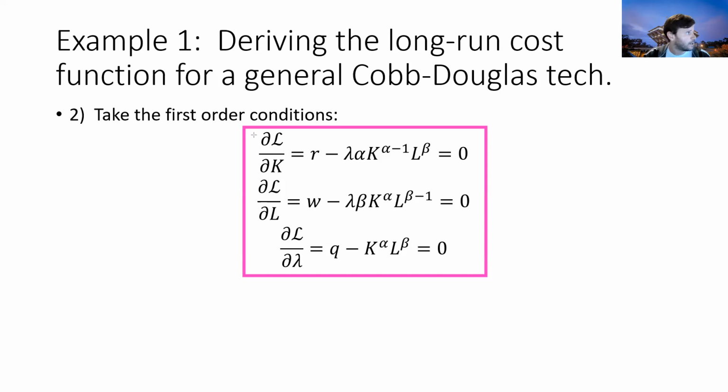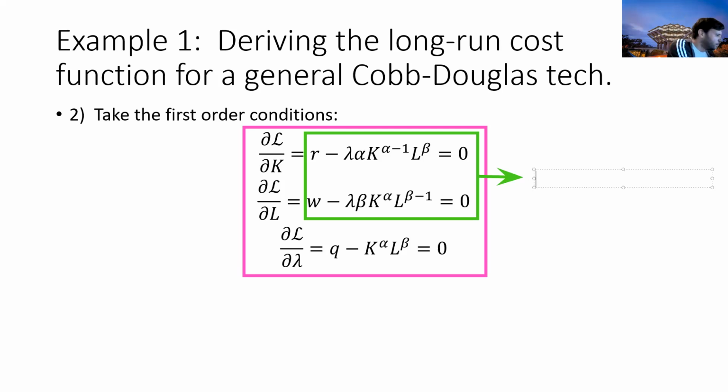Specifically, if you take these first 2 equations and combine them, you should be able to get the condition that describes the isoquant being tangent to the isocost curve.